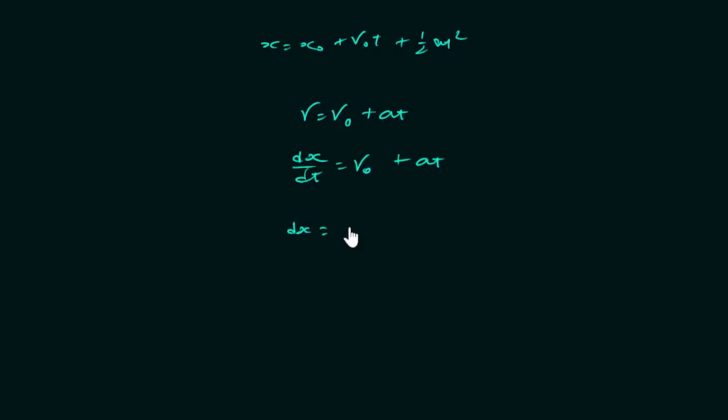Now let us derive our second equation, which is x equals x naught plus v naught t plus half a t square. We have the equation v equals v naught plus at, and v is dx by dt, so dx by dt equals v naught plus at. Now we can write this equation as dx equals v naught dt plus at dt.